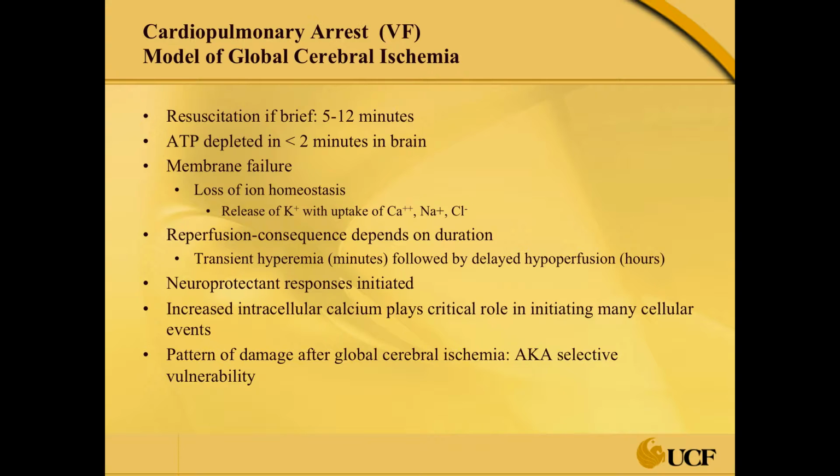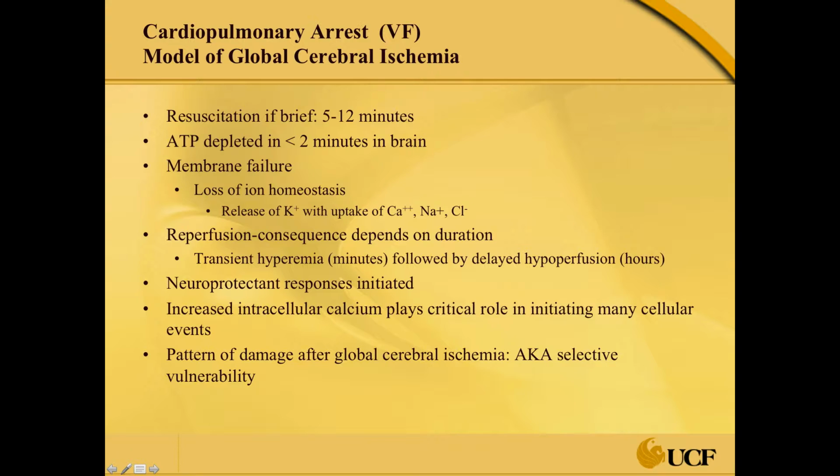Cardiopulmonary arrest is a model of global cerebral ischemia, with resuscitation, if brief, being within 5 to 12 minutes. The ATP will deplete in less than 2 minutes in the brain, and you can get membrane failure as a result, with a loss of ion homeostasis and a release of potassium with uptake of calcium, sodium, and chloride. Again, we're going to talk about why this plays a major role in some of the schematics I'm going to show you in just a few minutes.